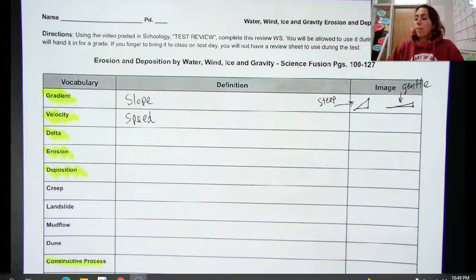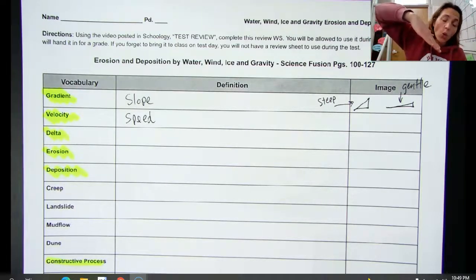So maybe you can make a note to yourself and you can say when the gradient is steep or a higher gradient, the velocity will be greater, which means the water, the sand, the ice, the rocks are going to move faster when you have a higher gradient or a steeper slope. Write that down.